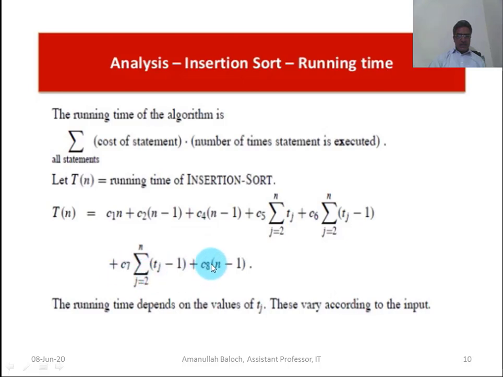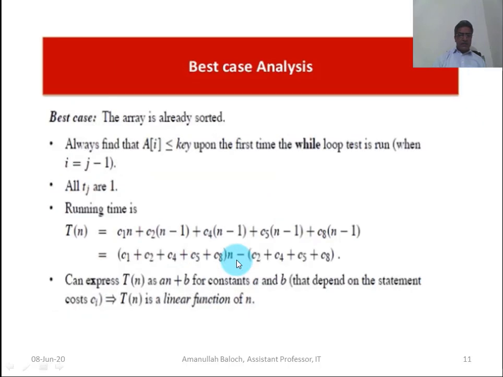These are the total lines of execution out of the total lines of code. In the best case scenario, only the C1, C2, C3, C5 and C8 instructions will be executed. C6 and C7 will never execute.